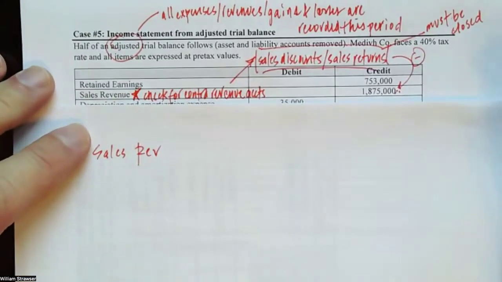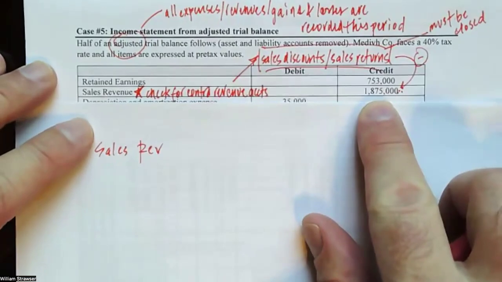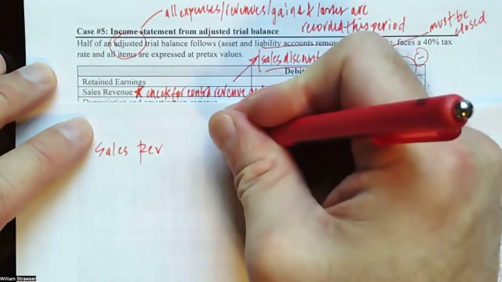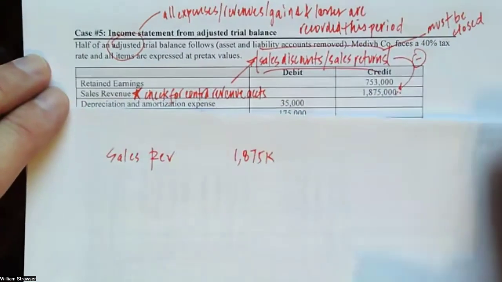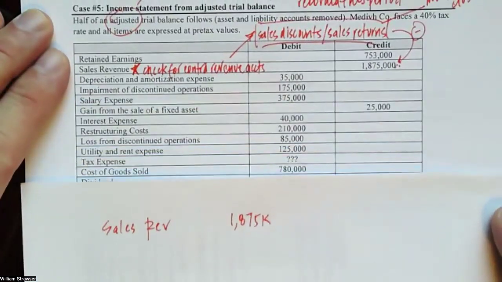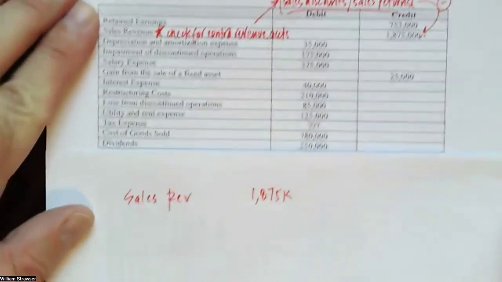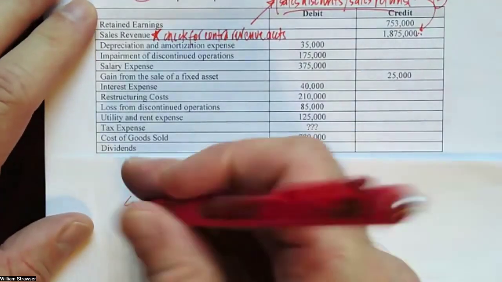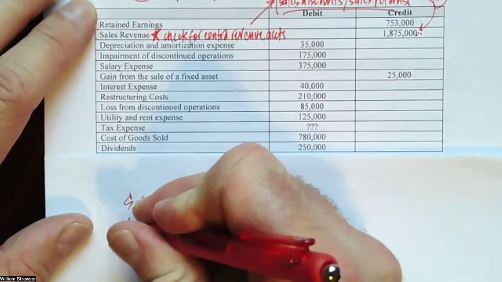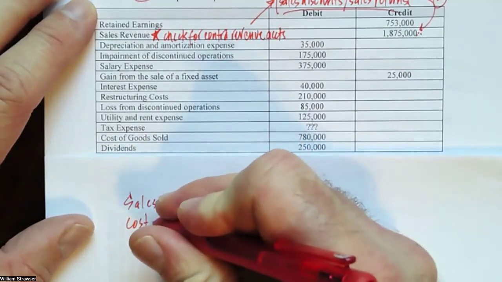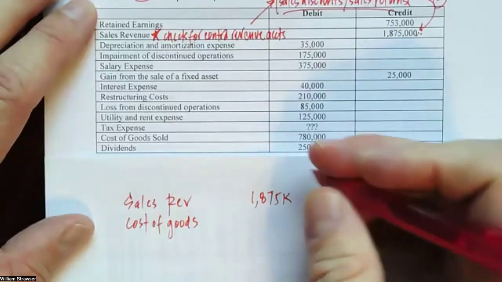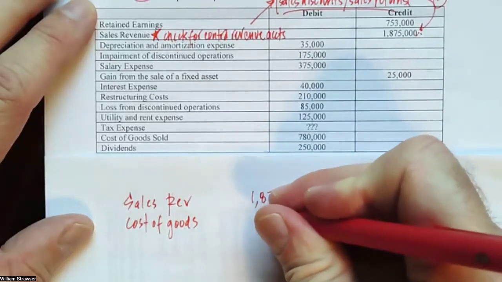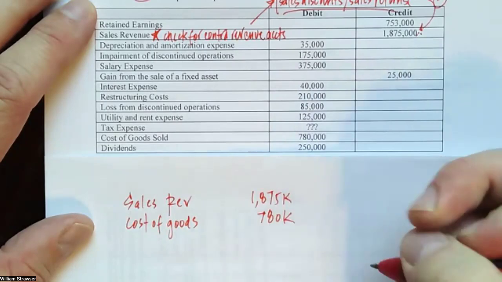Since I don't have any to subtract from, I can take that as it is. Then the very next thing we would want to report on an income statement would be our cost of goods sold, because we know that's the next piece. We've got to get our cost of sales right after we list our sales. And so that's 780,000.